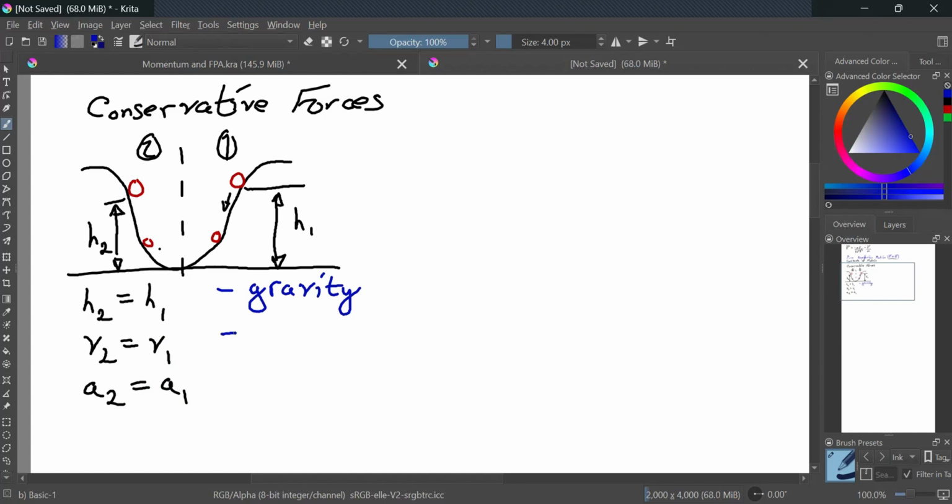But there are other things like spring forces, which are also conservative. However, like I said at the beginning of the series, we're only looking at gravity, so even though spring force is conservative, we are not going to be taking that into consideration. But what about non-conservative forces?